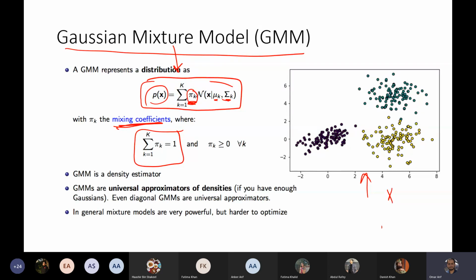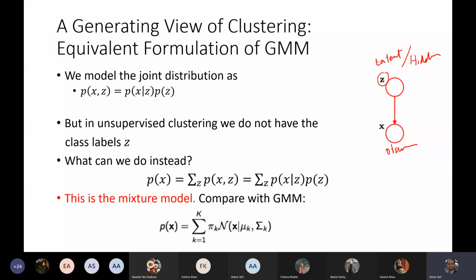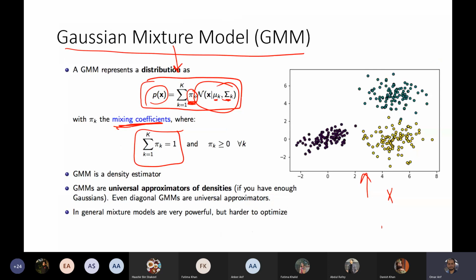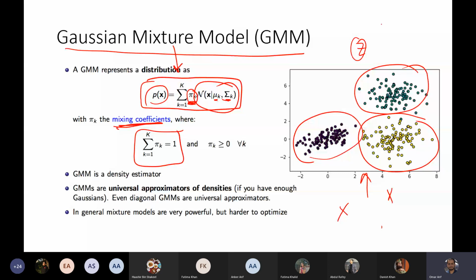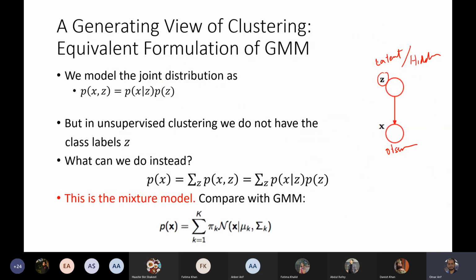In case of clustering, we are not given कि जो data points हैं आपके पास वो कौन से cluster से belong करते हैं, right? ये आपको सिर्फ x given है, but z is not given, which is the latent variable. z tells you कि ये data points एक cluster से belong करते हैं, ये दूसरे cluster से belong करते हैं, ये सब तीसरे cluster से belong करते हैं. So this information is not given to you, but you can still model it like this.